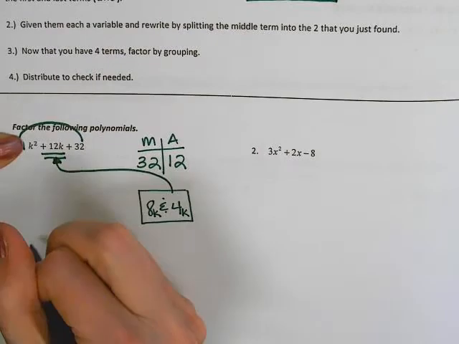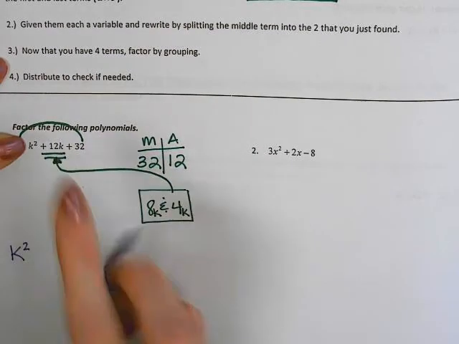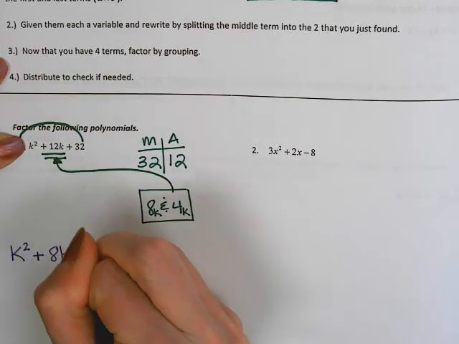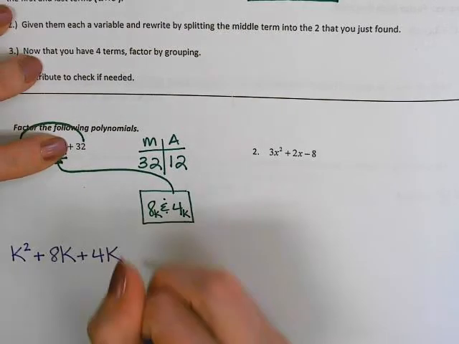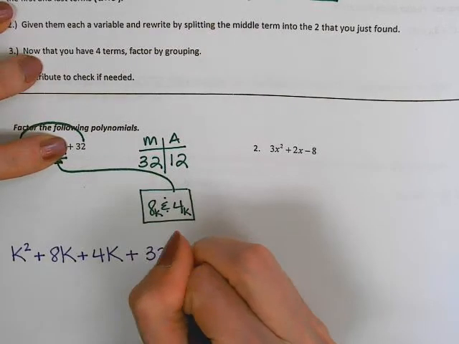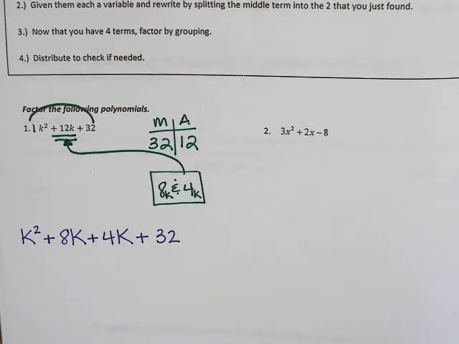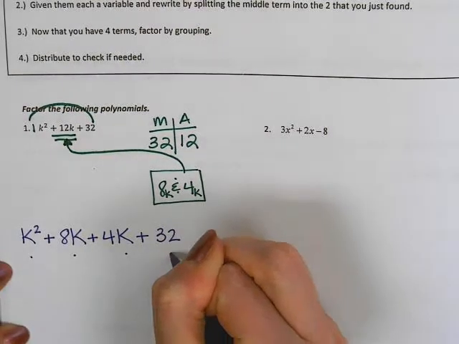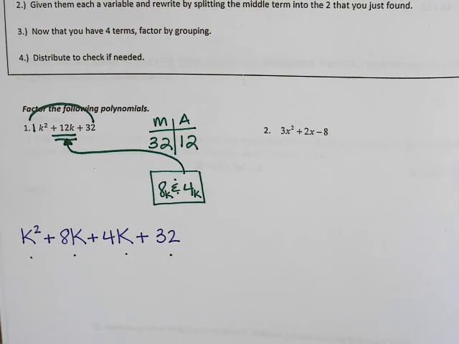Instead of writing it as k squared plus 12k, you're going to replace the 12k with 8k plus 4k, and then you're going to finish off with the 32. Now you have 4 terms, which you know how to factor by grouping. We did this like last week.